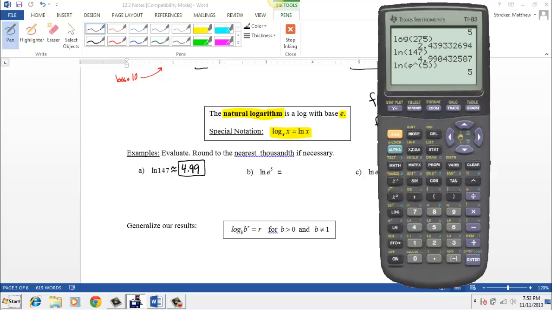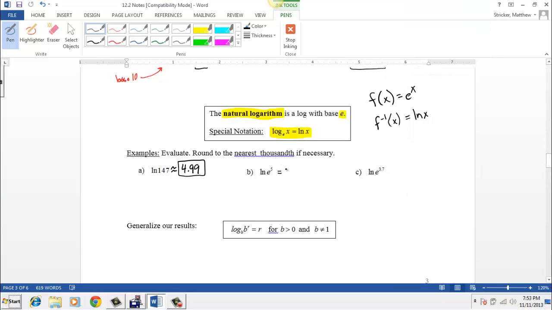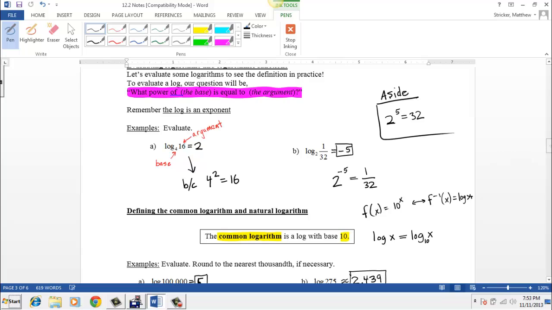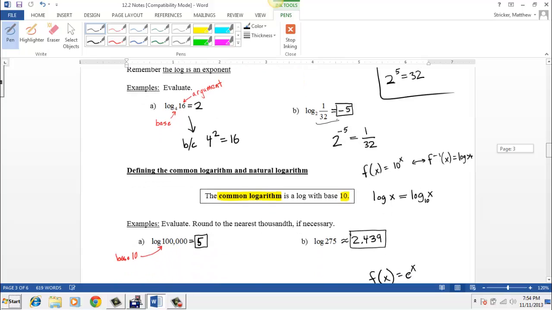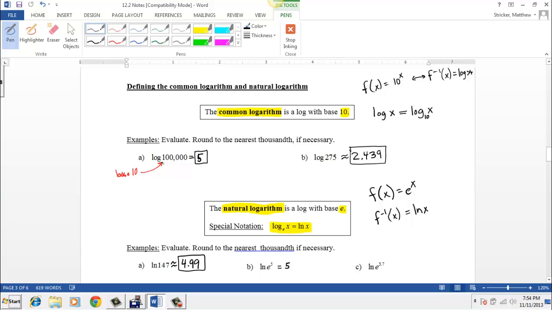Let's go back to what we did at the top of the page. So this is equal to 5. Remember, the first example here, when we were evaluating logs, we were asking ourselves, what power do we raise the base to get our argument? Well, obviously 4 squared is 16, or 2 to the negative fifth power is 1 over 32. Or 10 to the fifth power is 100,000.